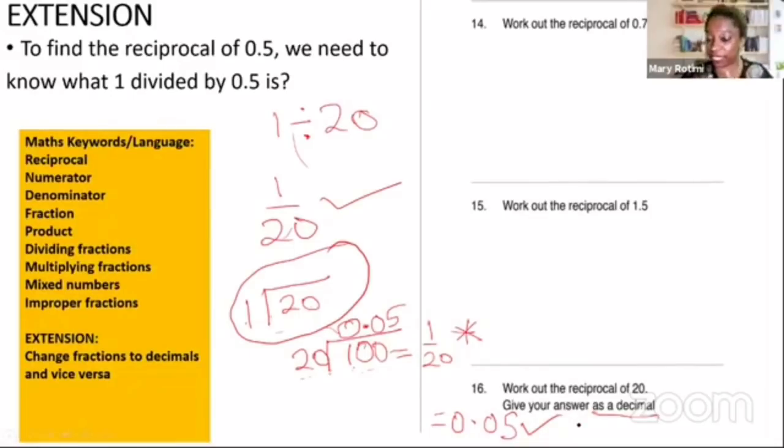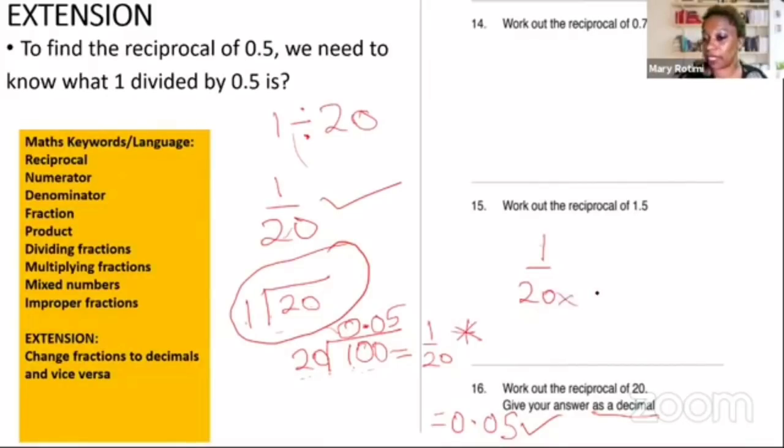I am not going to be saying, okay, let's learn from the basics, because we expect you year 10 students to be able to understand some basic concepts. Using the second method, 1 over 20 as a decimal, you need to change your denominator into any power of 10, okay?